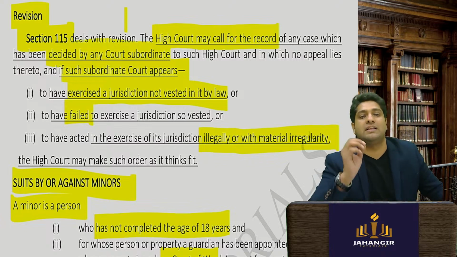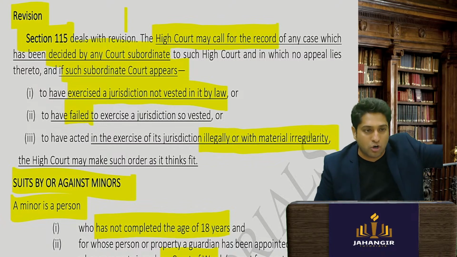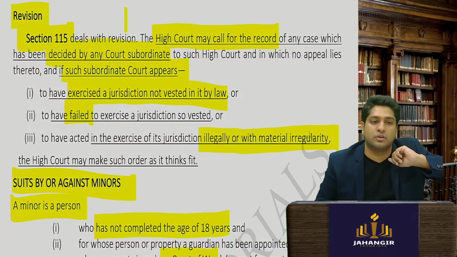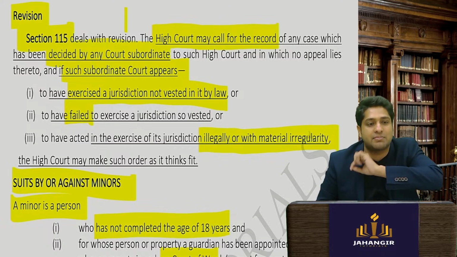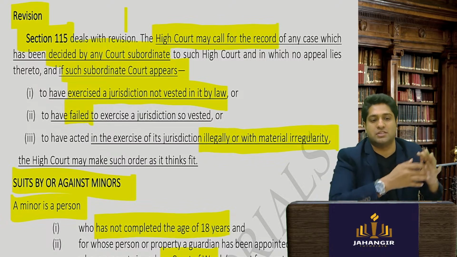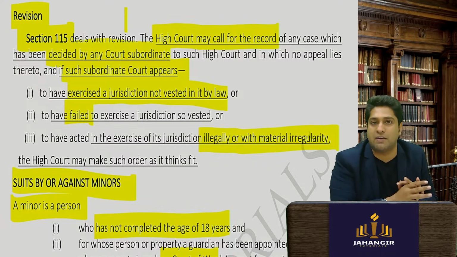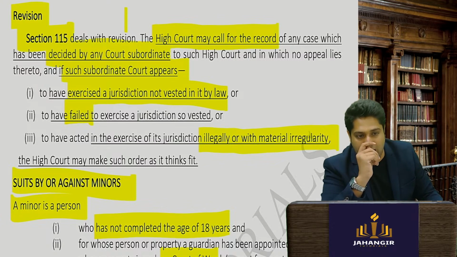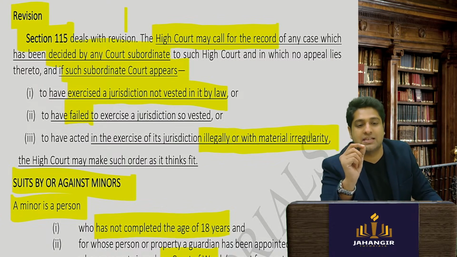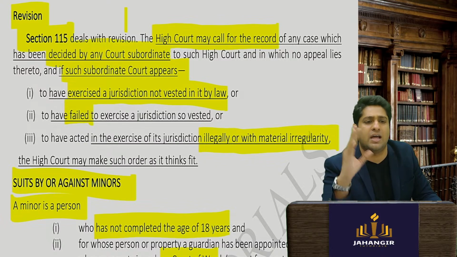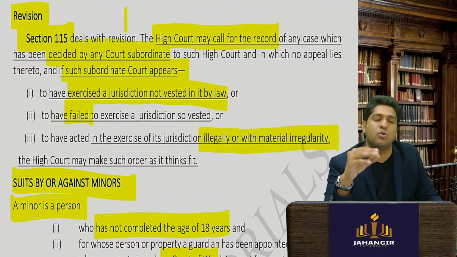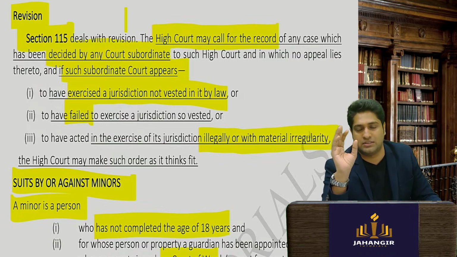Revision is when the High Court calls for the record of a subordinate court when we feel that the subordinate court has exceeded its powers, has failed to exercise its powers, or has acted in the exercise of jurisdiction illegally, or a material irregularity has been done. So then the High Court will call and settle the matter.